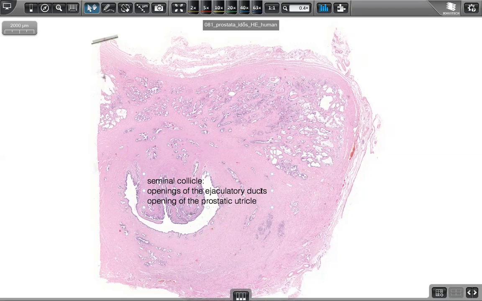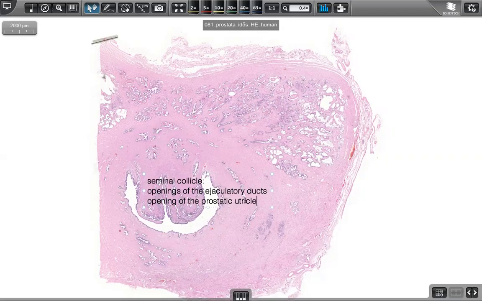So the two ducts unite, forming the ejaculatory ducts. Vas deferens carries sperm cells. Excretory duct of seminal vesicle carries semen. So they form the ejaculatory ducts, which open into the prostatic urethra and release their juices during the ejaculation.